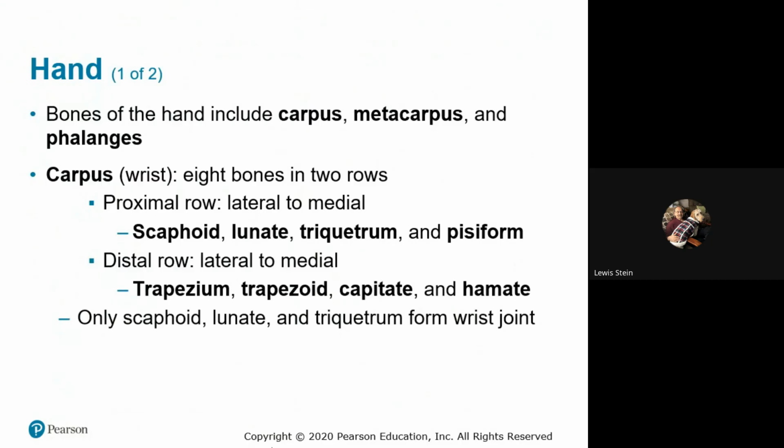And then the distal row has the trapezium, a very unique bone. You'll see the illustration, it's a saddle-shaped bone. The base of the first metacarpal is like the reverse of the saddle. This would be the saddle on the horse, and this would be molded into that saddle.